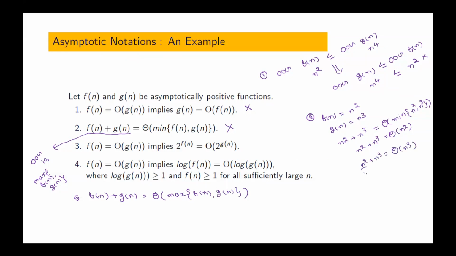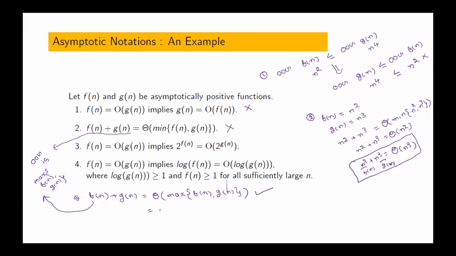This is f of n, this is g of n. So finally, what is the order of growth of f of n plus g of n? It is the maximum of these. So whatever is given here, it is also theta of this. So hence it is true or false? This is true.